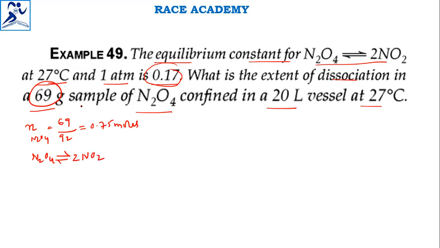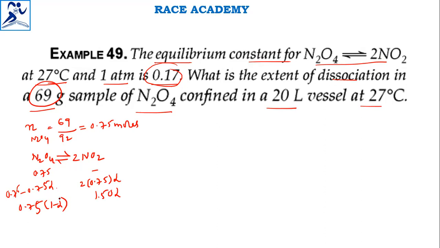Initially 0.75 moles of N2O4 is there, and that becomes 0.75 minus 0.75 alpha, plus 2 into 0.75 alpha for NO2. So 1.50 alpha is the moles of NO2, and 0.75 into 1 minus alpha is the moles of N2O4.